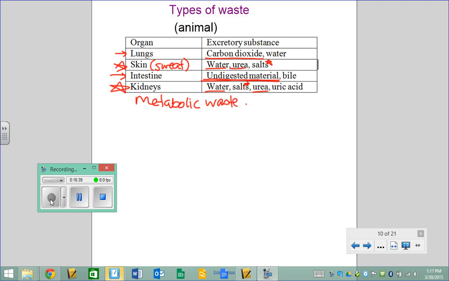And metabolic waste is waste that comes from a chemical reaction happening. So what's happening in your kidneys is different than what's happening in your intestines. Your intestines are producing waste that you didn't digest. It's stuff that you didn't digest, you didn't do a chemical reaction with. Your kidneys and your skin are producing waste from a chemical reaction. The reaction is deamination.